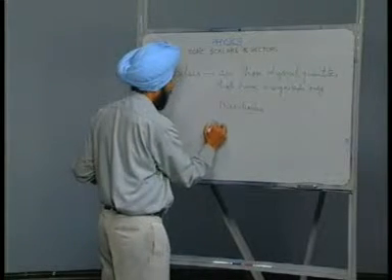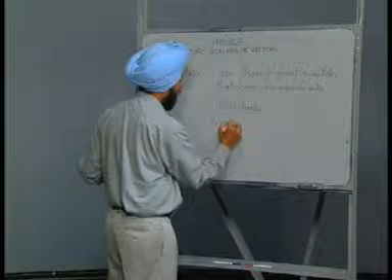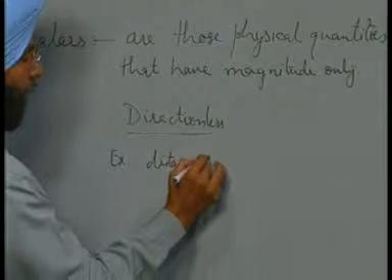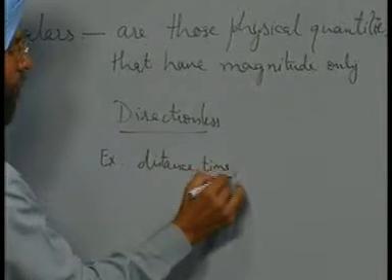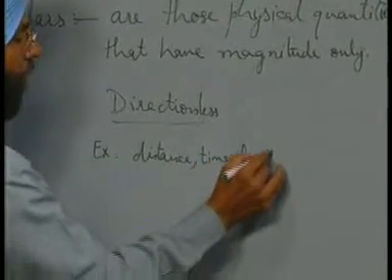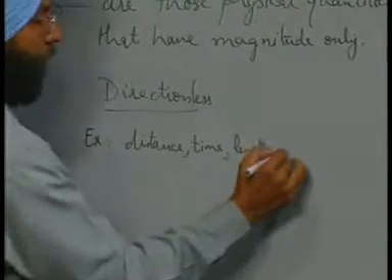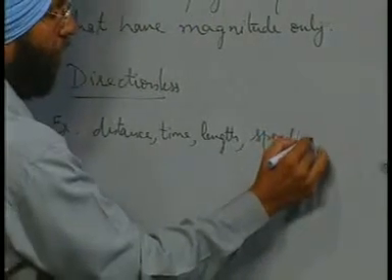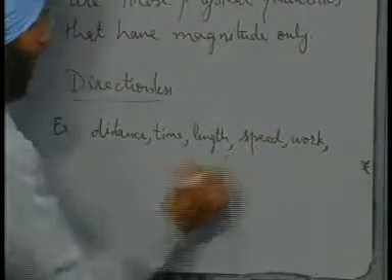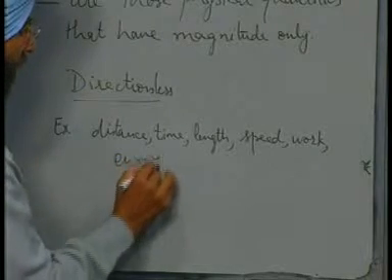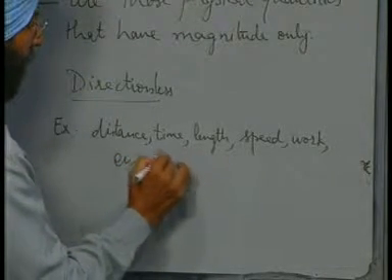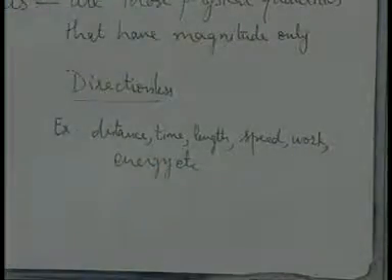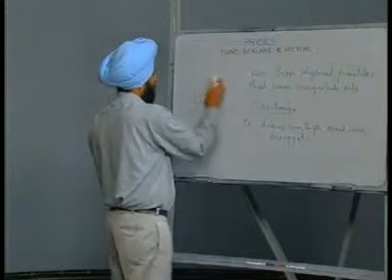Examples, we already know distance is a scalar, time is a scalar, any length is a scalar, speed, work, energy are also examples of scalars. Now, we will define vectors.